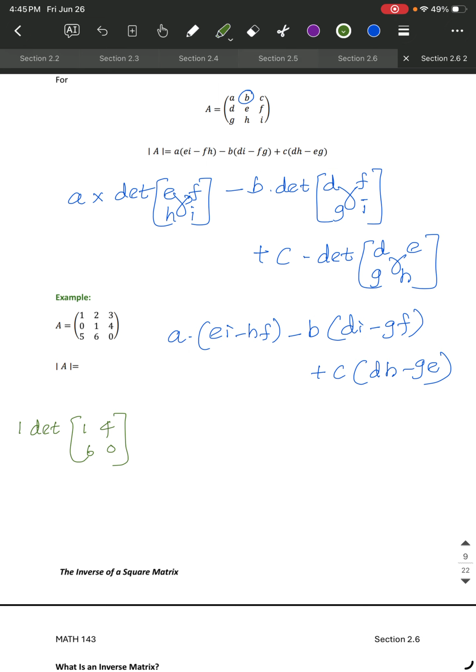Next, minus 2 times determinant of 0, 4, 5, 0.